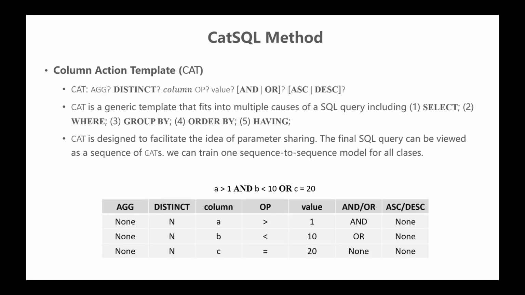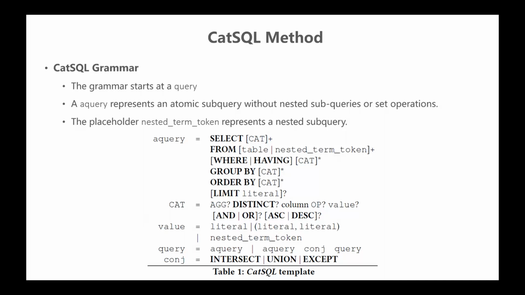The design of CAT can facilitate the idea of parameter sharing. SQL generation can be regarded as a task of predicting a sequence of CATs. We use 7 slots for each CAT. If a slot is not used in a CAT, we fill it with the none value. The SQL grammar can be converted into this context-free grammar using CATs.